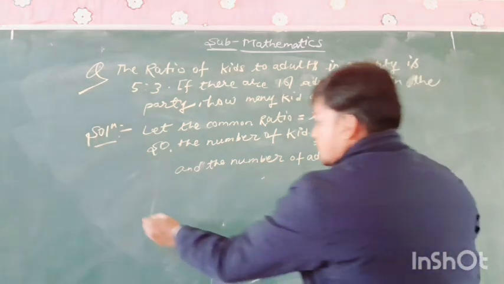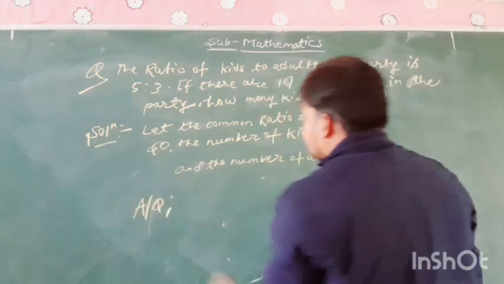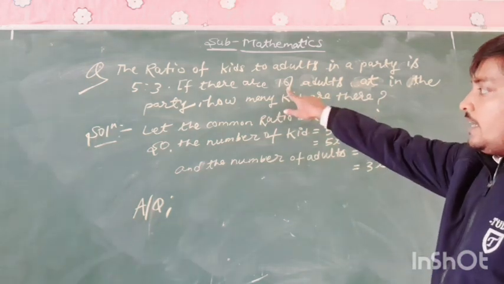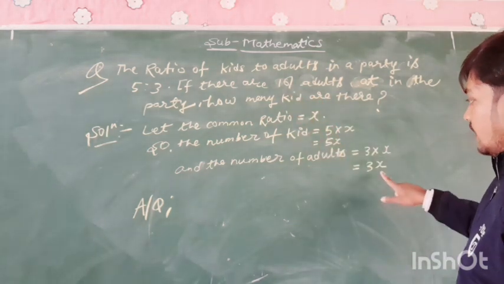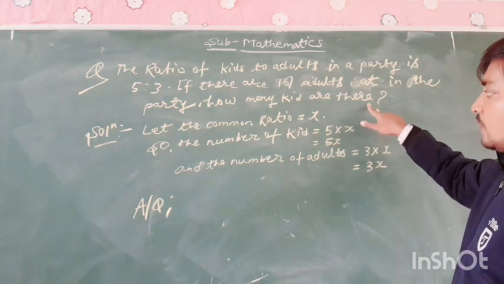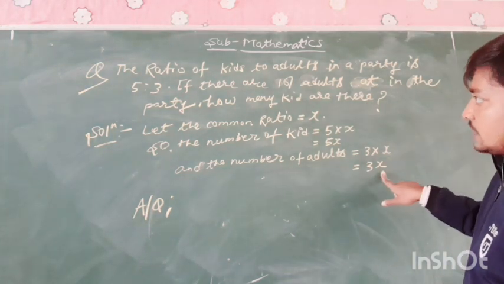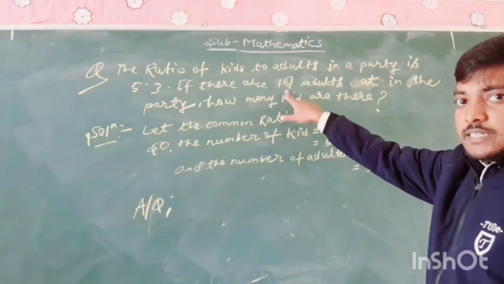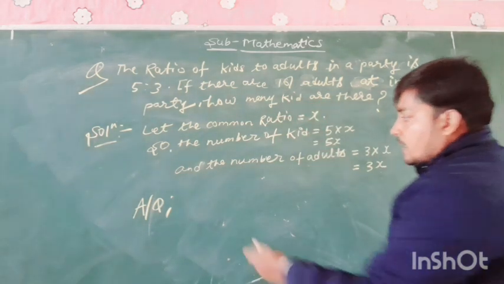According to the question, the number of adults is 18, and here the number of adults is 3x.